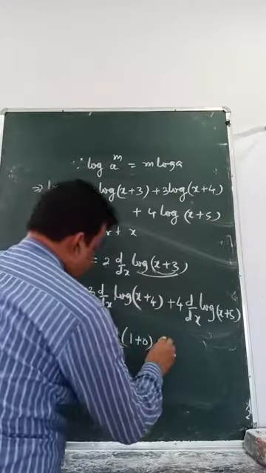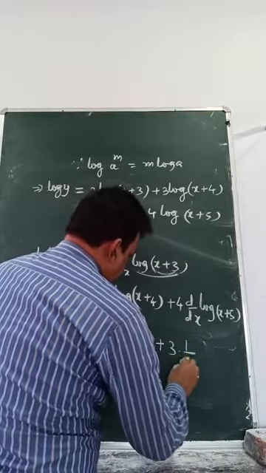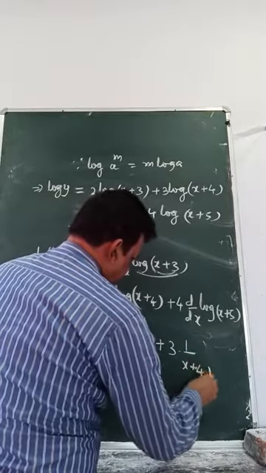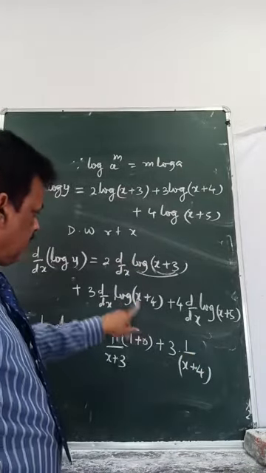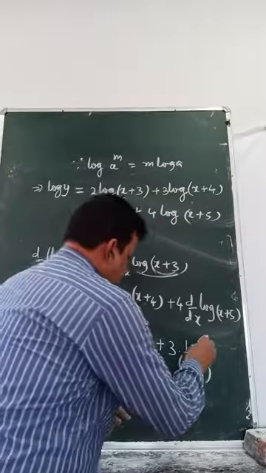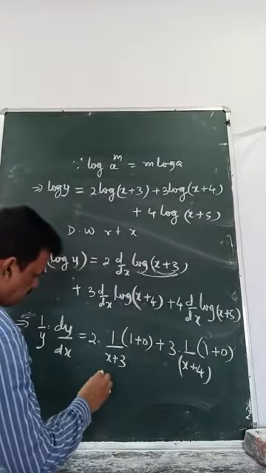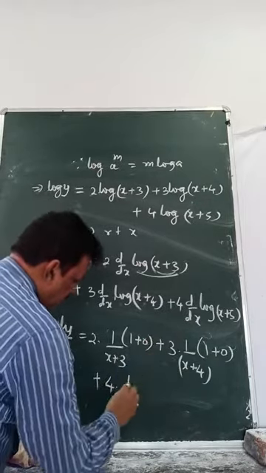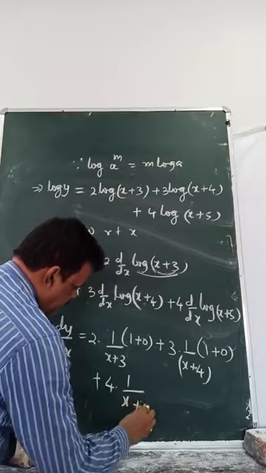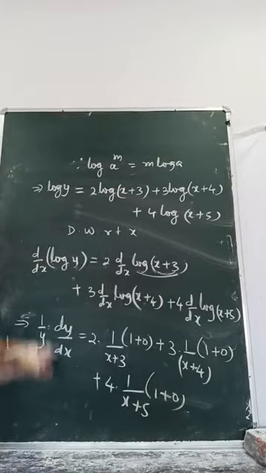Similarly 3, this is 1 upon x plus 4, and x plus 4 derivative is 1 plus 0, plus 4 into 1 by x plus 5, again 1 plus 0. So let's simplify.